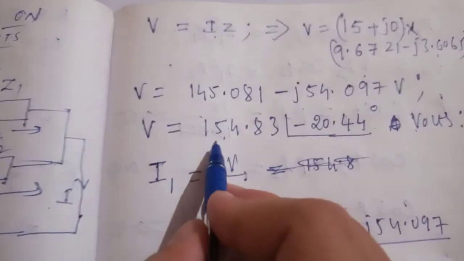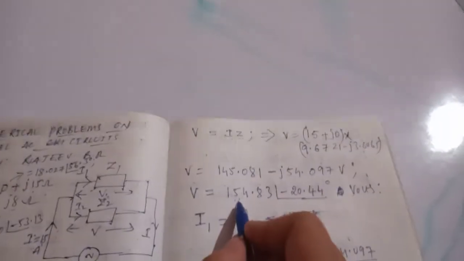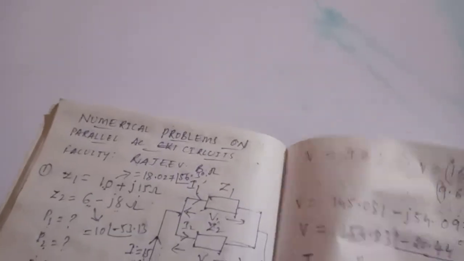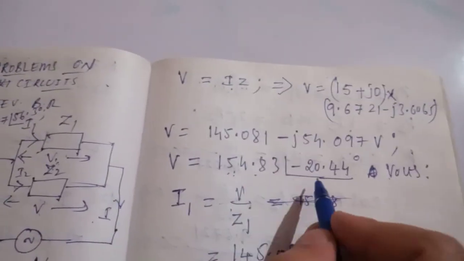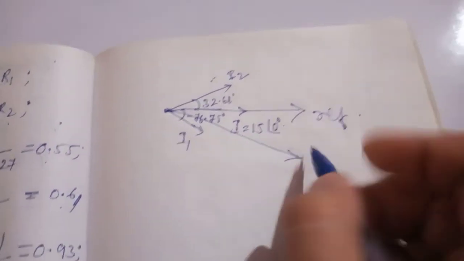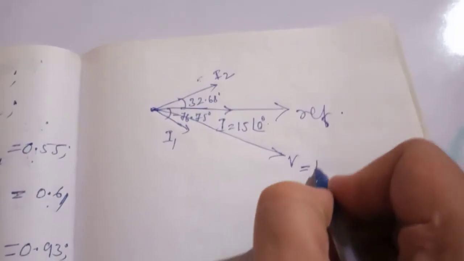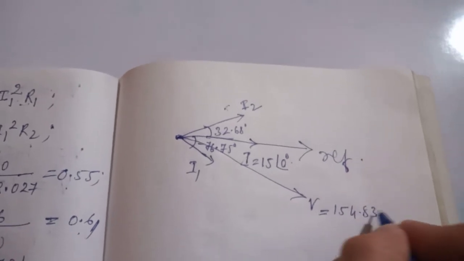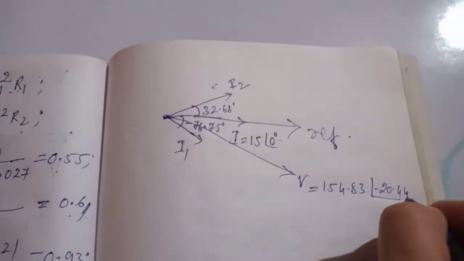Now what else? I have to mark the voltage V. Voltage V is around 154, almost 10 times the length of I. The voltage is equal to 154.83 at an angle minus 20.44 degree.